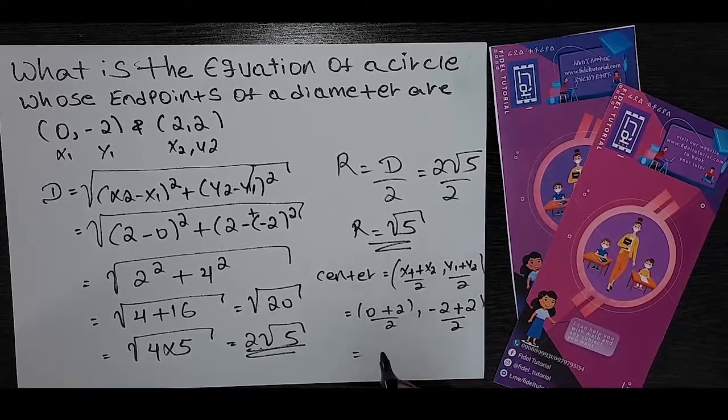So ሴንተራችን ምን ሪፕሬዘንት ይደረጋል? This is 1, minus 2 plus 2 is 0, 0 over 2 is 0. ሴንተራችን በ (1, 0) ሪፕሬዘንት ይደረጋል ማለት ነው። (h, k) አችን this is the value of the center.